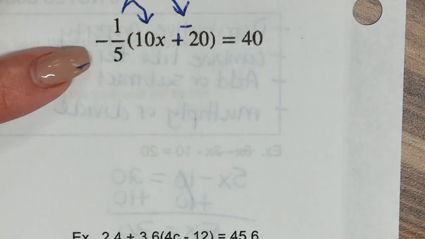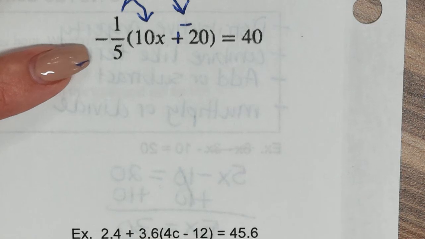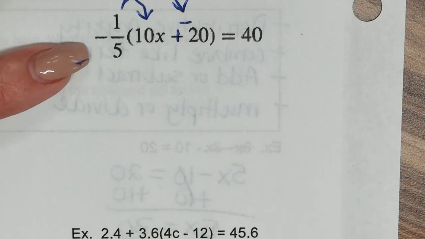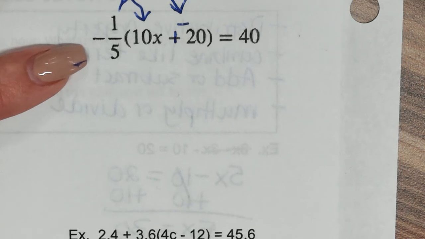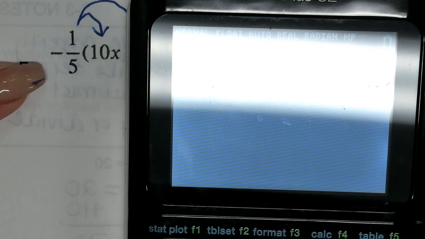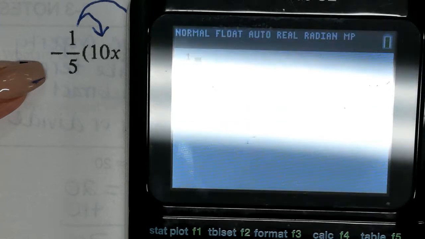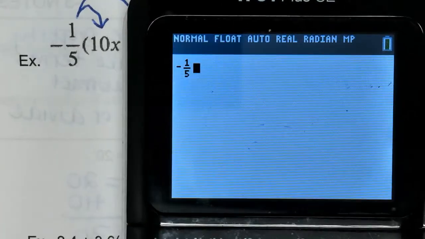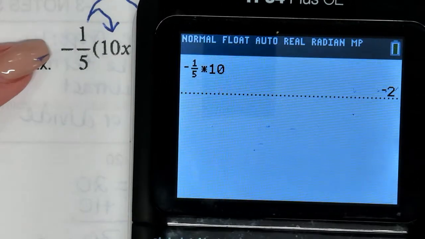Now, do y'all know when you multiply by a fifth or a fourth or a half, you really just divide by the denominator, if 1 is the numerator. But let's pretend you don't know, and let's put it in our calculator just so y'all are good. So I would do negative alpha y equals 1/5, tab out, times 10, which is negative 2.